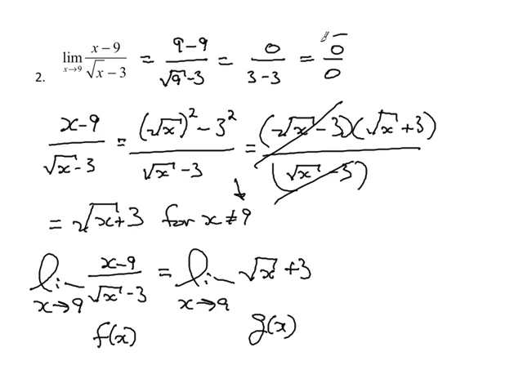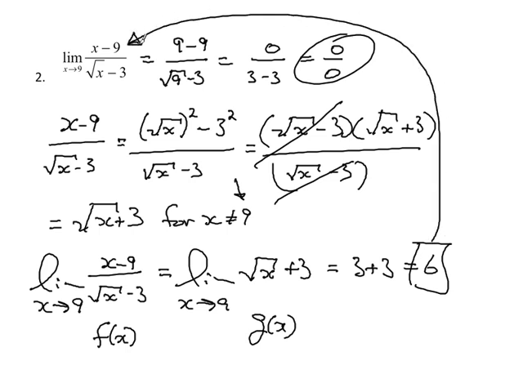When x equals 9 here, I get the square root of 9, which is 3, plus 3. So this limit is 6. So the limit as x approaches 9 of g of x is 6, which is also the limit as x approaches 9 of f of x. So my original limit is, in fact, 6.